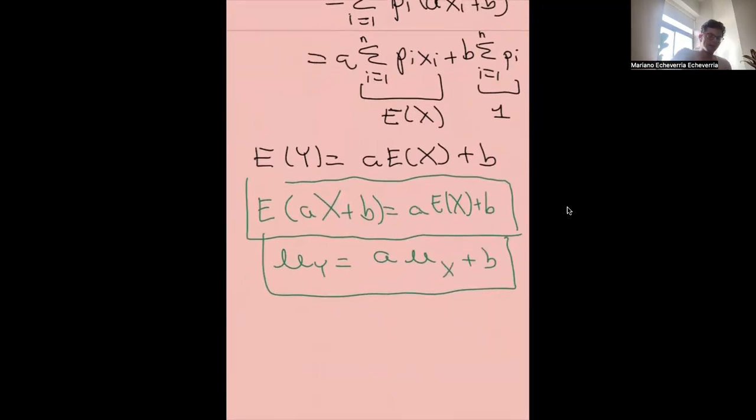So for the variance, we need the second moment as well. Let's now compute the second moment. What's the second moment of y?